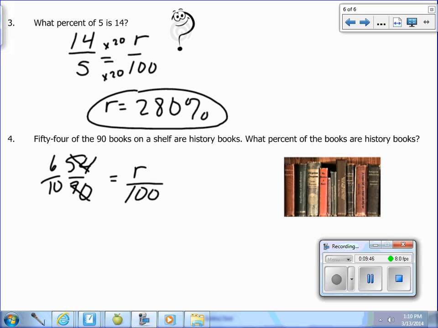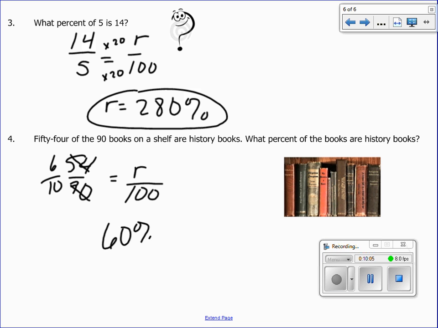So 54 out of 90. I can reduce: 54 and 90 have a common factor of 9, so I reduce that to 6 over 10. I know that 10 times 10 is 100, so 10 times 6 would be 60. So 60% of the books are going to be history books.